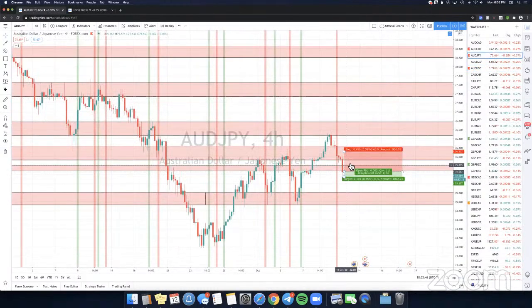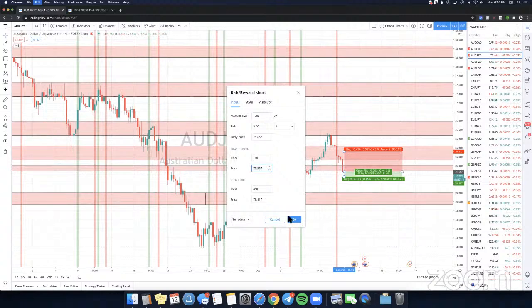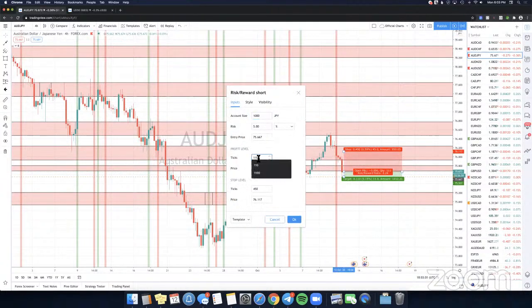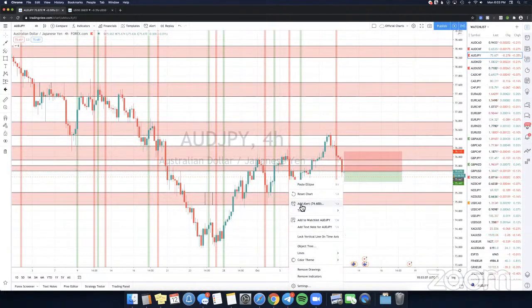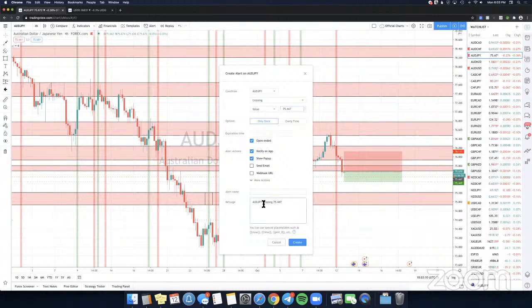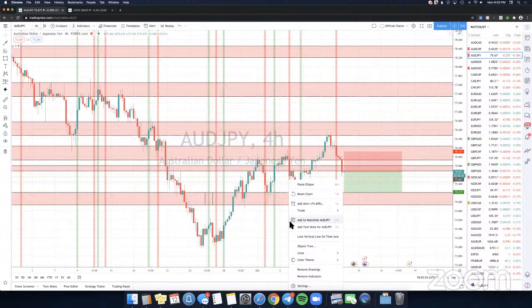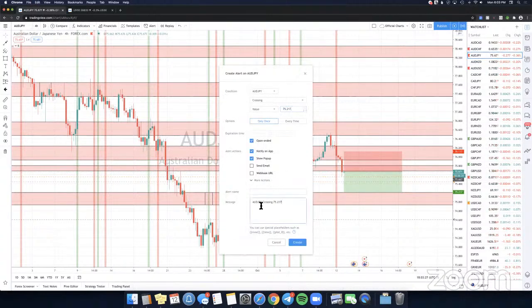Now for AUD JPY real quick. So these are probably going to move slow, guys, because we are in the Asia session now. So we'll have to be really patient for these. Yeah, everything's pretty much set up now.